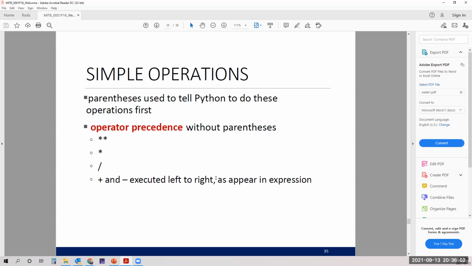I'm telling Python start here. Then the second highest would be the power, then the multiplication and division, which have almost the same priority, then plus and minus, executed left to right as they appear in the expression.